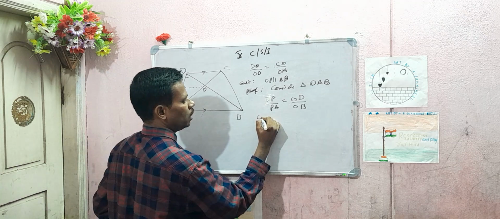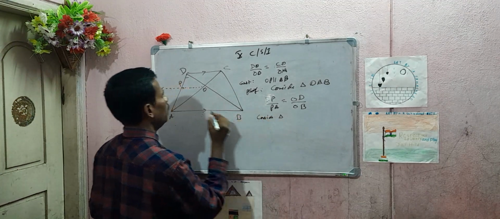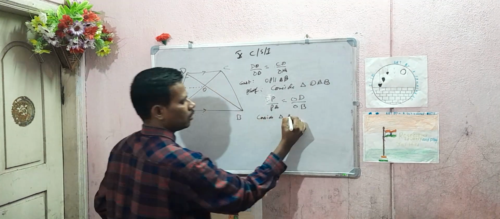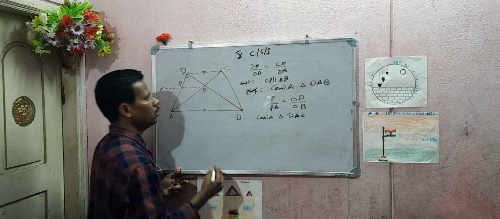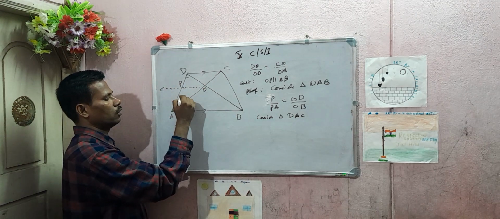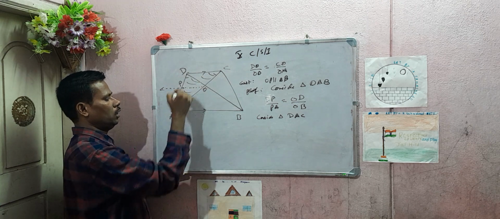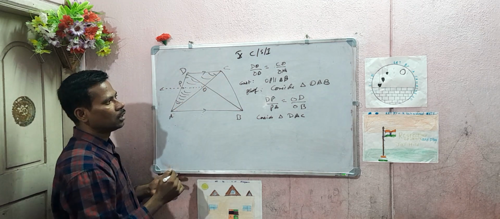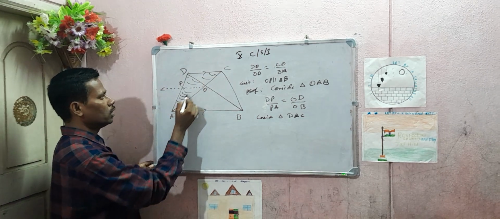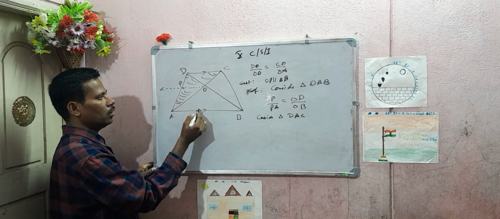Now, consider triangle DAC. Now you consider this triangle DAC. What is the basic proportion of this line?